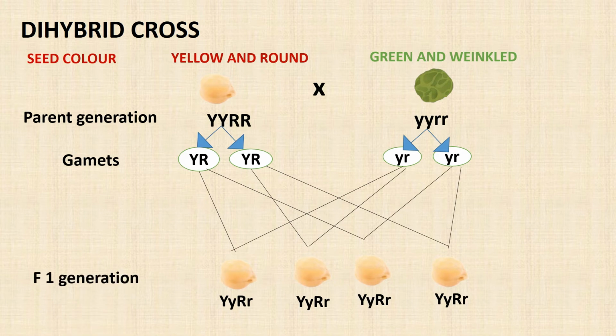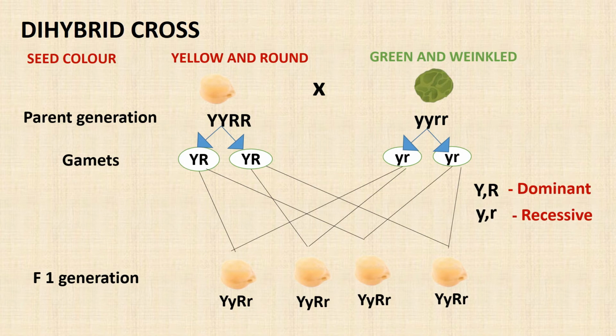Totally 100% round and yellow seeds are formed, because the yellow color Y factor and round R factor are dominant. That's why in the F1 generation all plants will be yellow and round.